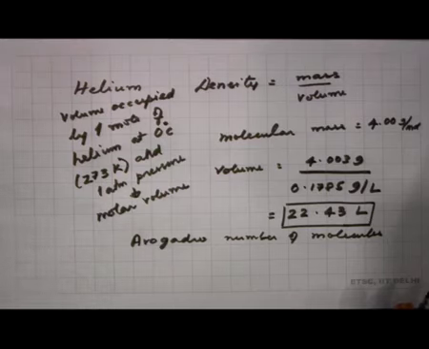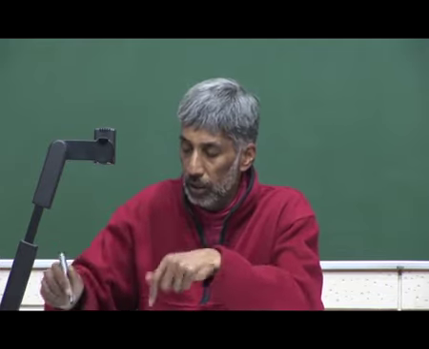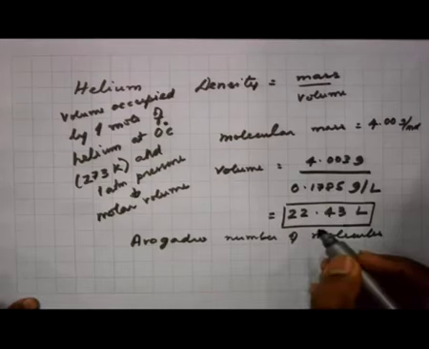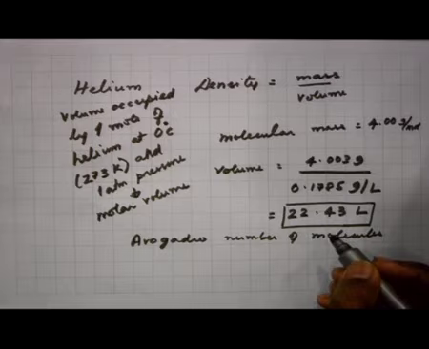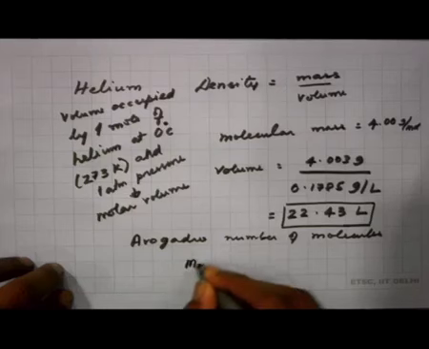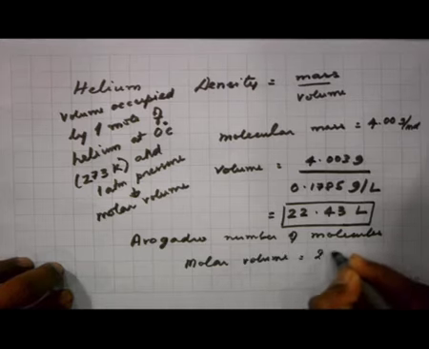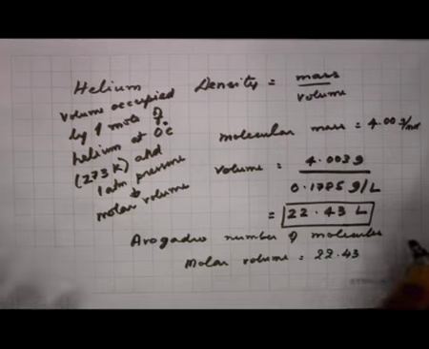So, if I took 1 mole of nitrogen or 1 mole of air or anything like that, the molar volume would in this model be the same quantity. We are just applying Avogadro's hypothesis in reverse. So, if I took 1 mole of any gas at 273 Kelvin and subjected to 1 atmospheric pressure, the molar volume would be predicted to be 22.43 liters approximately.